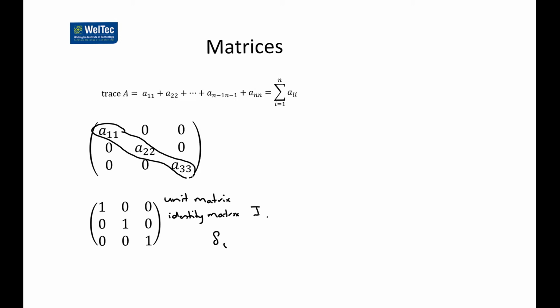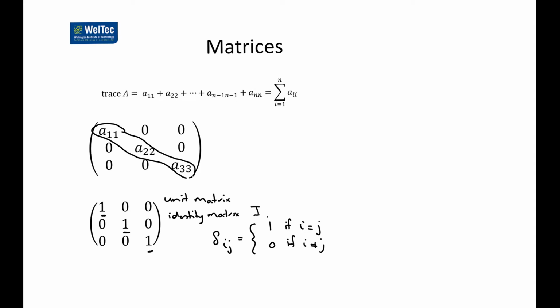What we mean is that the element is equal to 1 if i equals j, and 0 if i doesn't equal j. So if we're talking about element 1,1, the element would be 1, whereas if we're talking about some other element, it would be 0. If we talk about 2,2, it would be 1, and 3,3 would be 1 as well.